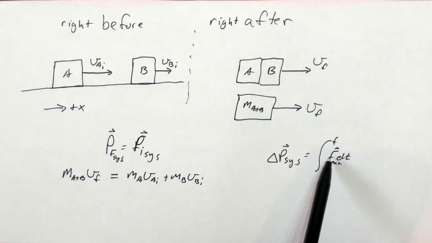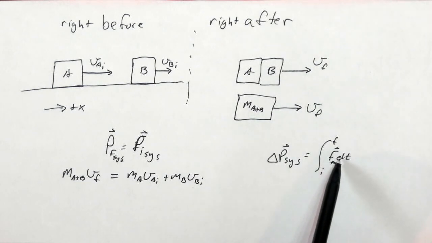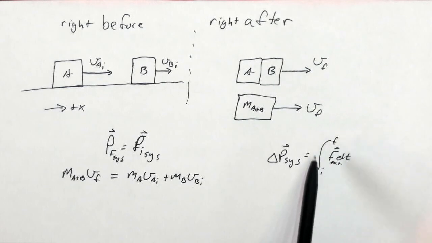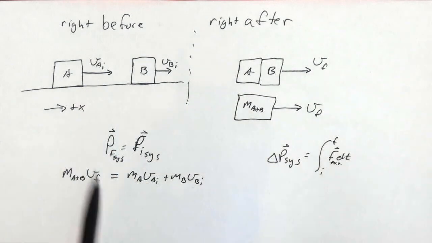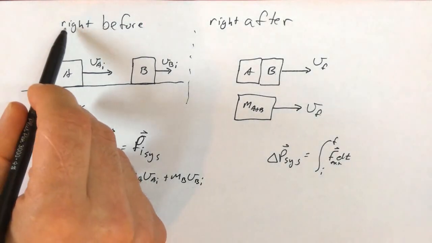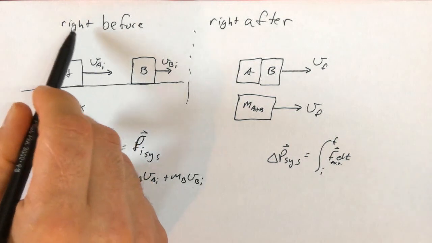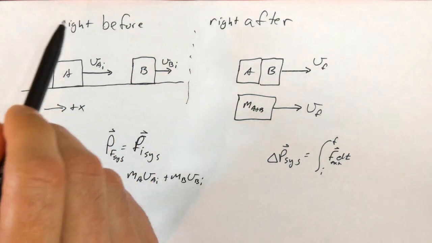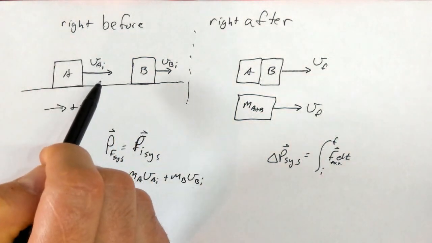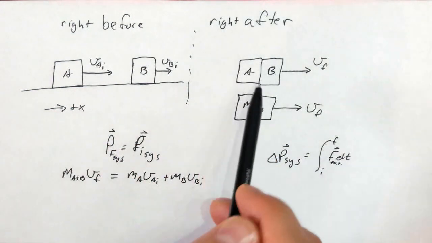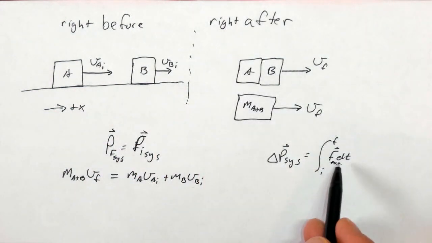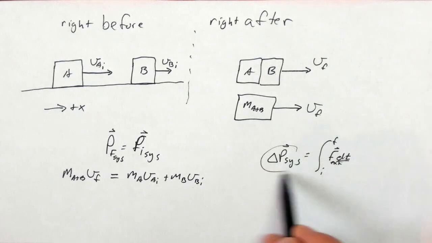But if there are forces, but over a very small time interval, this is very small. And so during a collision, collisions usually happen crazy fast. You know, when you bounce a ball, how much time is the ball actually in contact with the ground? And so if I start my process considering the velocities right before they collide, and then consider the velocities right after they collide, then the delta t is crazy small, and I can use conservation of momentum.